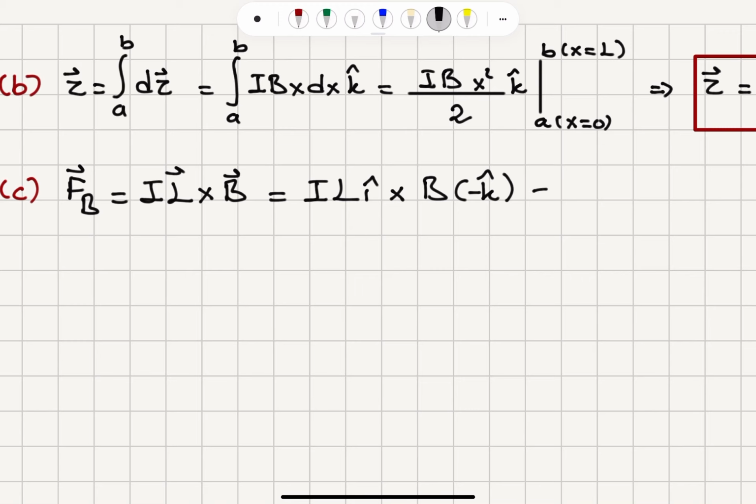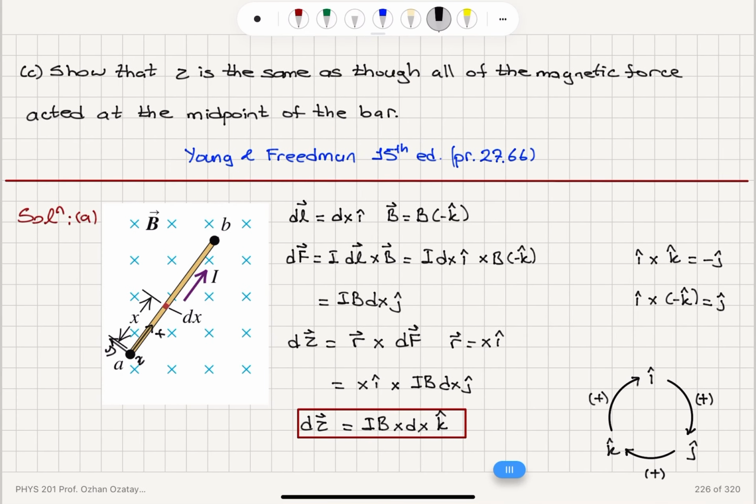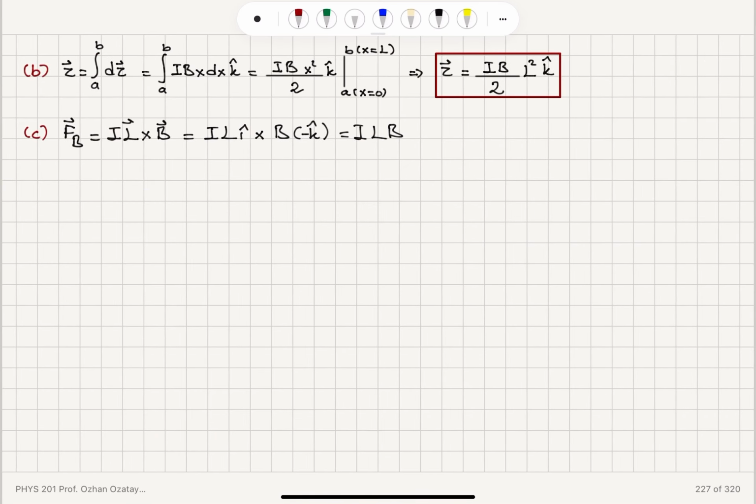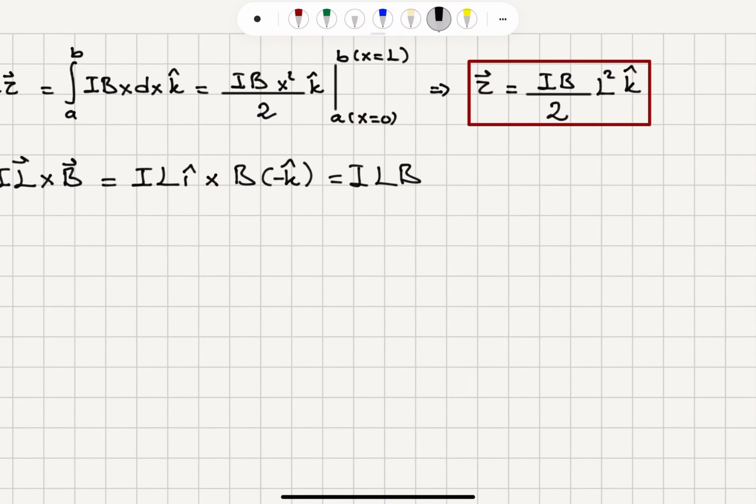So the force is I L B. Once again, i hat cross k hat is minus j hat, so i hat cross minus k hat is j hat. So this is going to be I L B in the j hat direction.